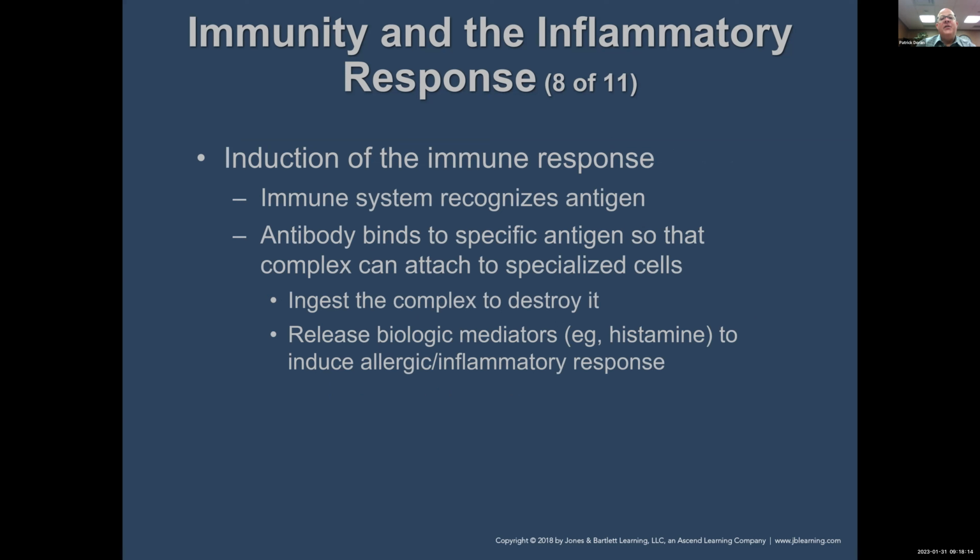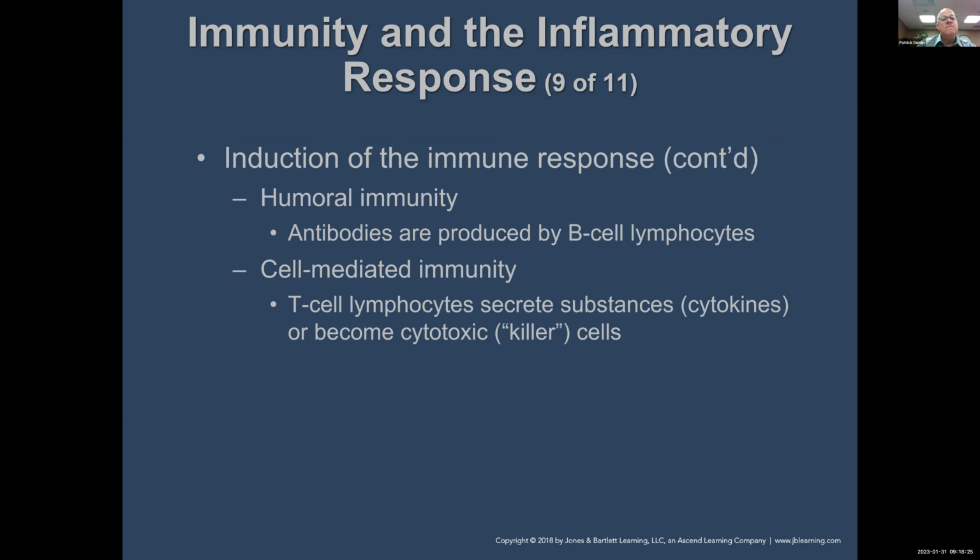Antigens are the insult into our body, and we create antibodies to fight those off. So the B lymphocytes are what produce antibodies, and then the T lymphocytes create cytokines or the killer cells.